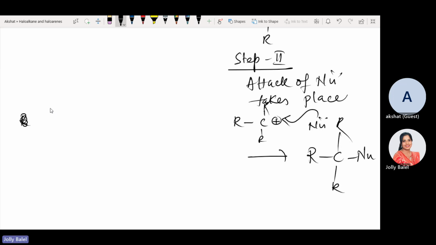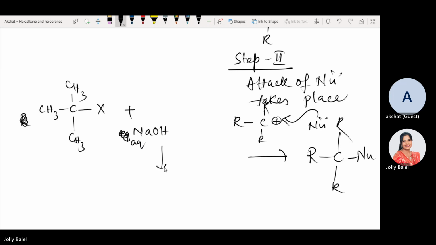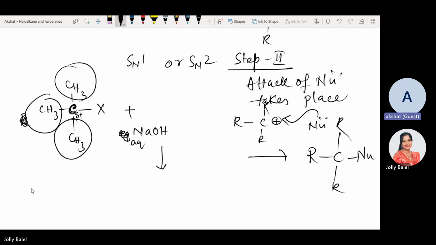Now, let me provide you an example. If this is your alkyl halide and I am providing aqueous NaOH, and I ask which pathway it will choose, SN1 or SN2, how will you answer? Look for the electrophilic center. This one is attached to 3 groups.